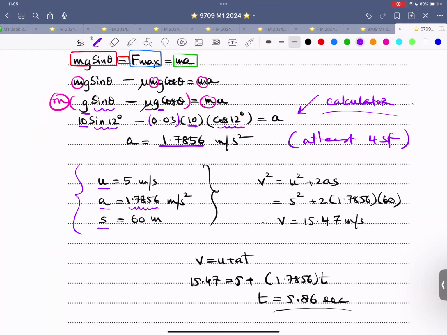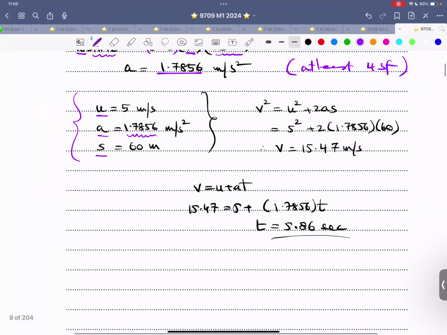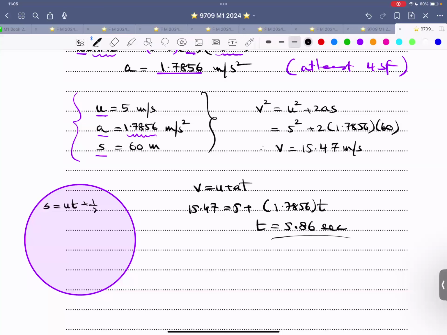Now, they're asking for the time. Some people use this equation, and I'm not very fond of that equation because that involves a quadratic. That is s equals ut plus half at square. Some people would write 60 equals 5t plus half into 1.7856 into t square, and then you find the values of t.